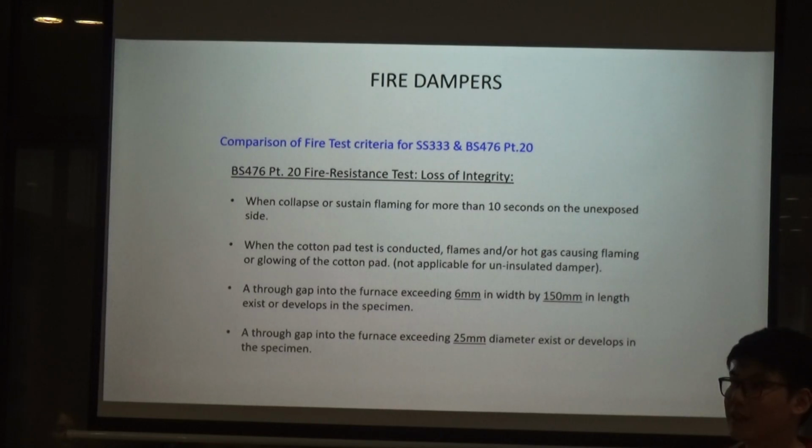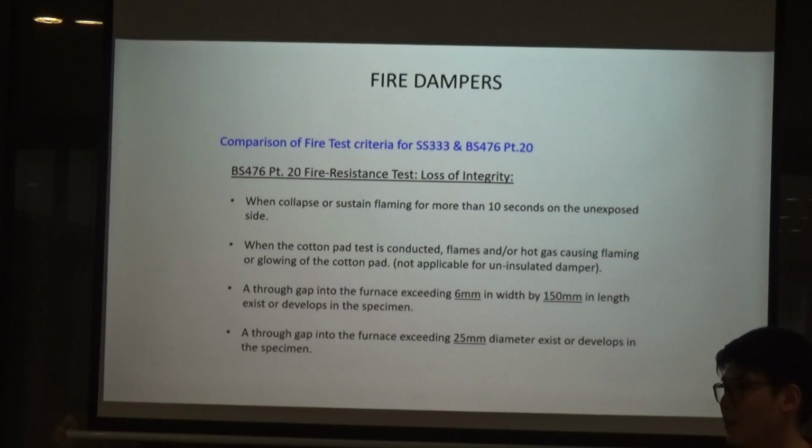Because during fire there's deformation of the damper. Sometimes the blade or the frame deforms, so there's a gap between the blade and the frame. If there's a fire and the blade deforms, say a 10 mm gap, it is considered a fail. So we need to make sure during the test the gap is within 3 mm for SS333, not only in that place but anywhere on the damper.